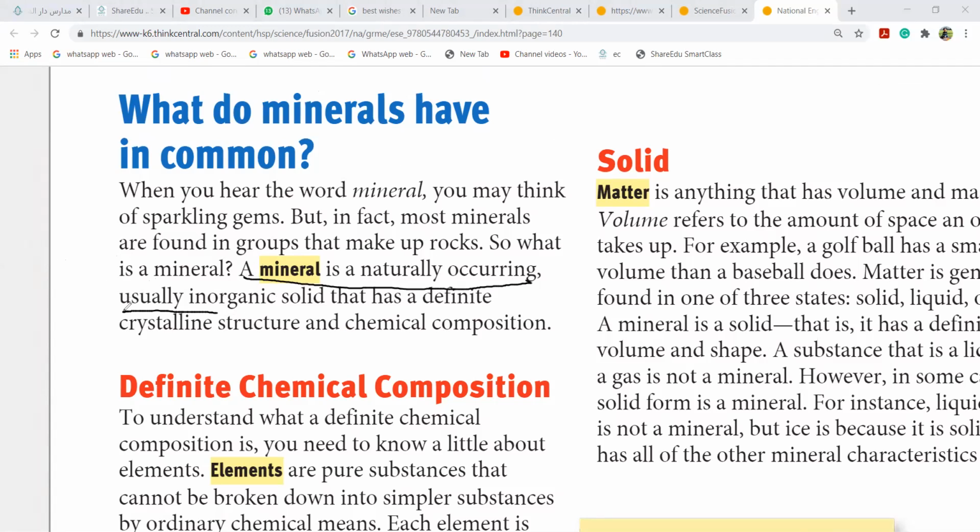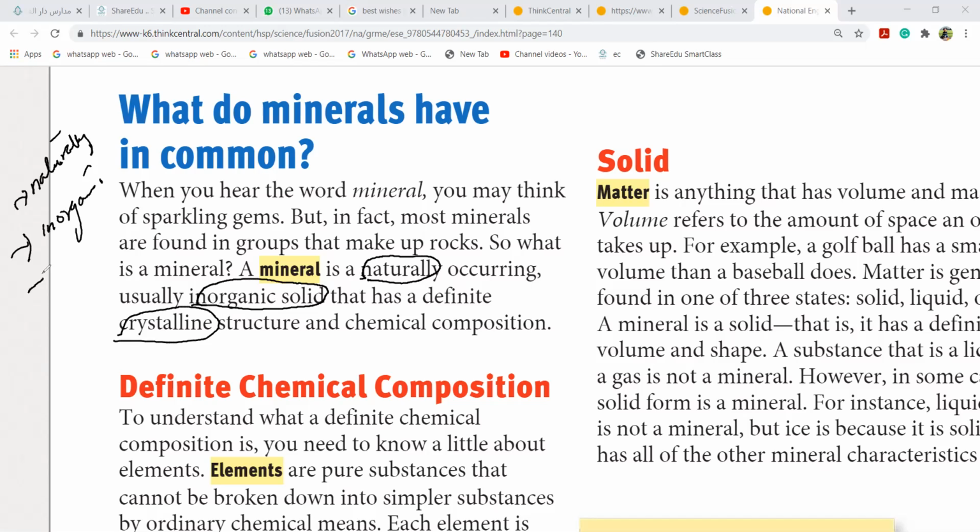Crystalline means they look a little shiny, and a definite chemical composition. So what is the definition of mineral? First thing you will remember, naturally, this word is important. Inorganic solids and crystalline. These 3 words, girls. When I say mineral, you will say naturally occurring. Second thing, inorganic solid. And the third thing, crystalline.